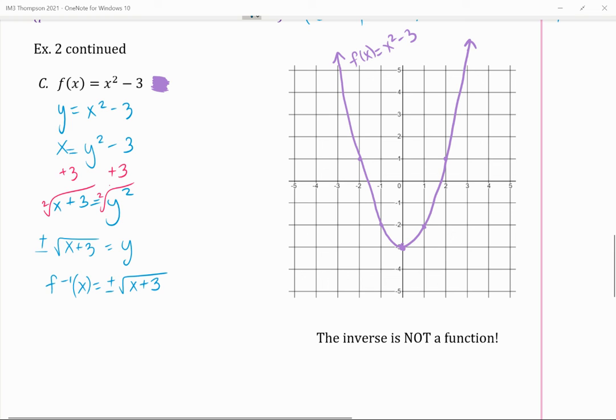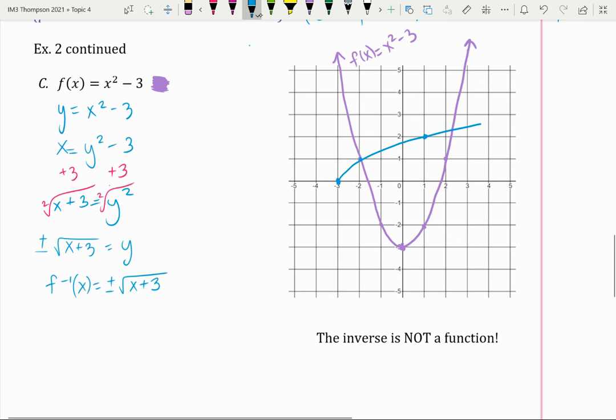When I graph the square root function, which we've had some practice with, the square root function is a shift left 3. This is the positive square root function.